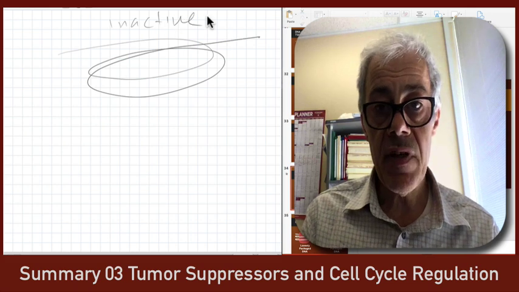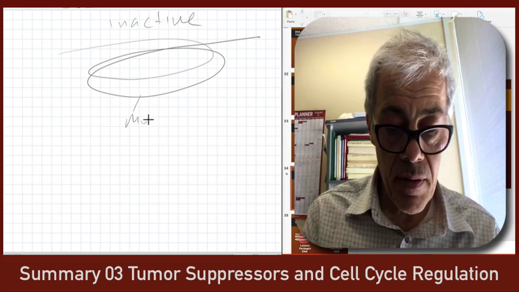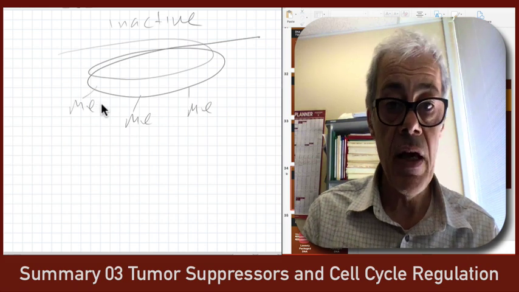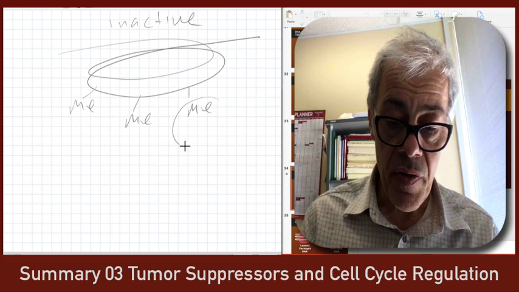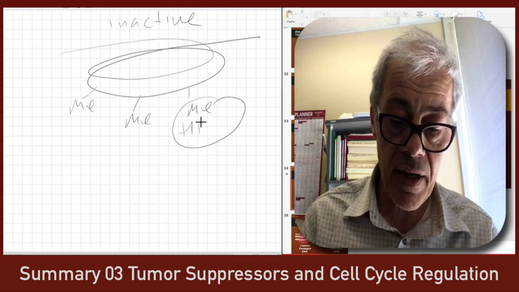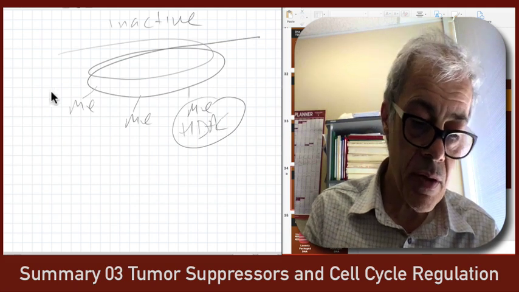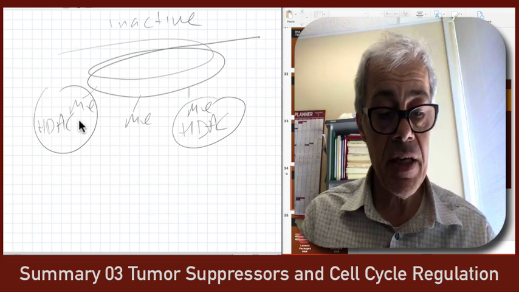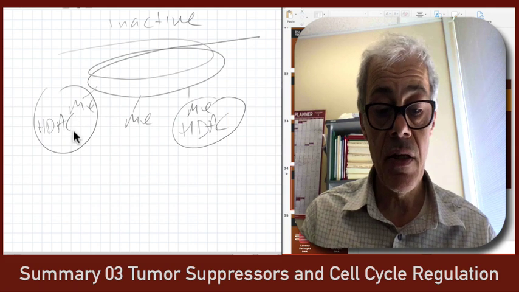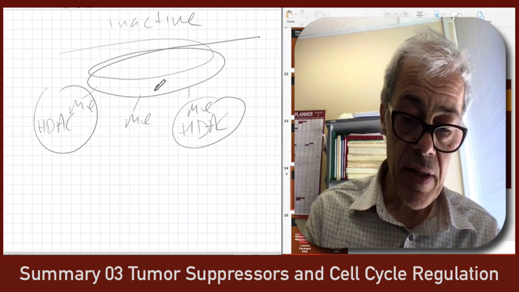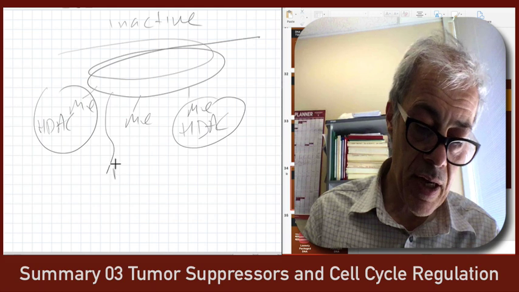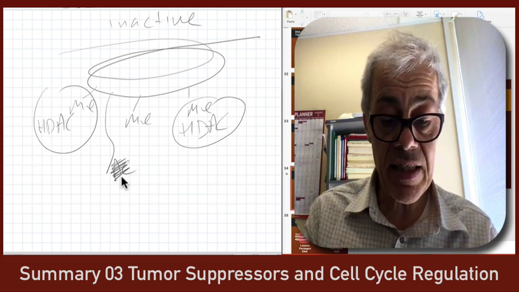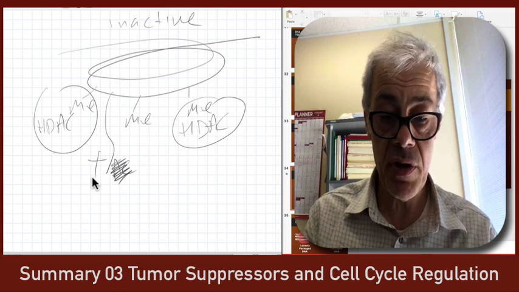If the DNA is highly methylated, such as in cancer cells, then the methyl groups attract something called a HDAC, a histone deacetylase. So the histone deacetylases take the acetyl groups that were attached to the lysines, deacetylate them and return the positive charge.